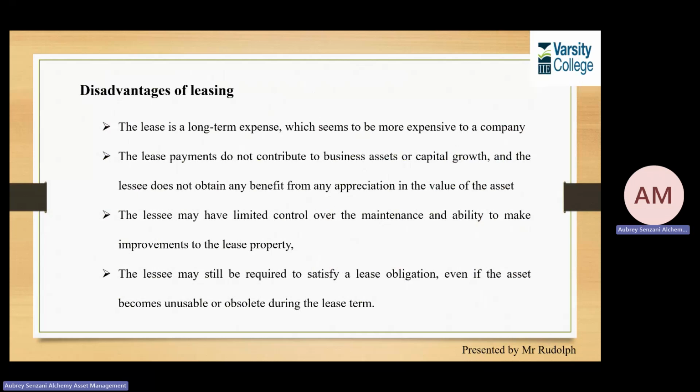And the lessee does not obtain any benefit from any appreciation in the value of the asset. The lessee may have limited control over the maintenance and the ability to make improvements to the leased property.